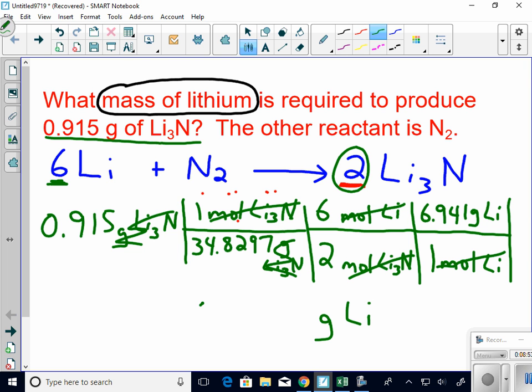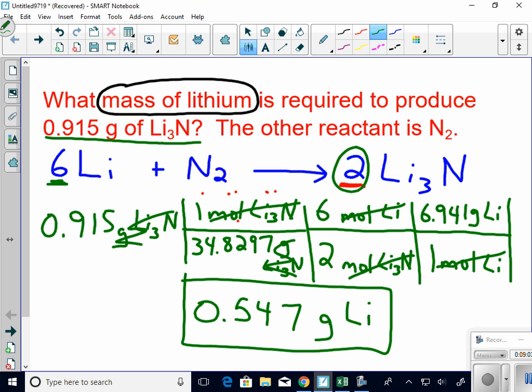So I come up with a value of 0.547 and box my grams of lithium. Any questions right off the bat on this one?